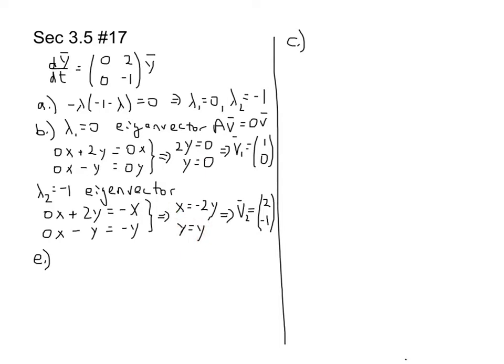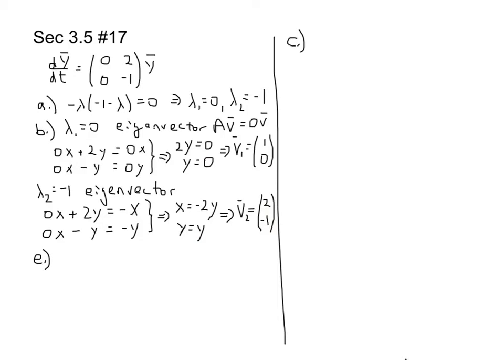Any x and any y will satisfy this equation. So we use the first one that says x has to be negative 2 times y. So if y is a negative 1, then x is a positive 2, and that's a perfectly good eigenvector.